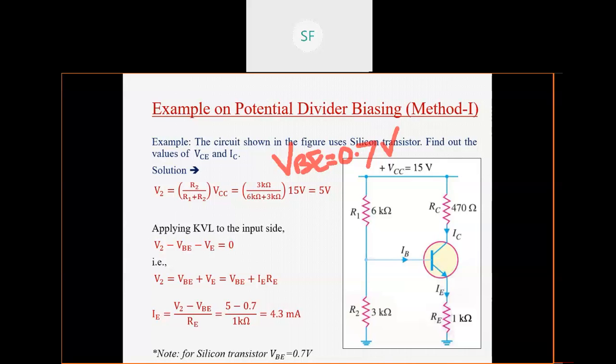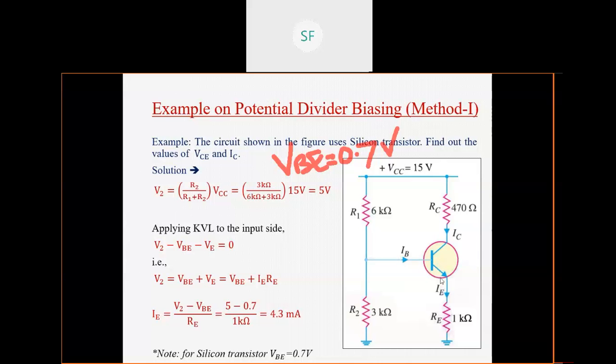Here, they have not asked for the base current and have not given beta either. So that means this problem can be solved using the first method. All right, we will start with the first method.